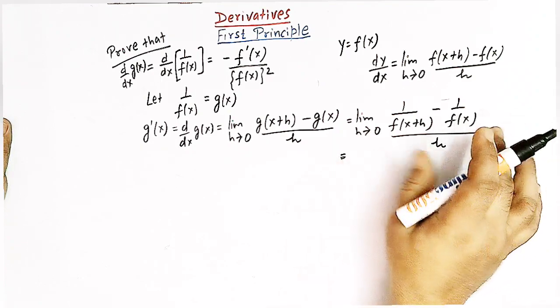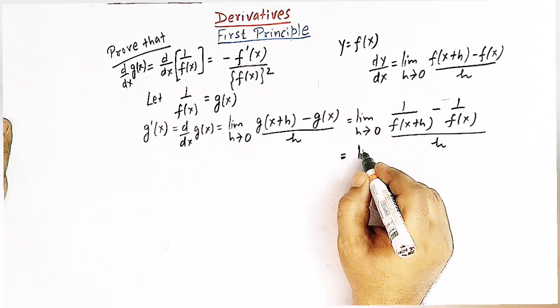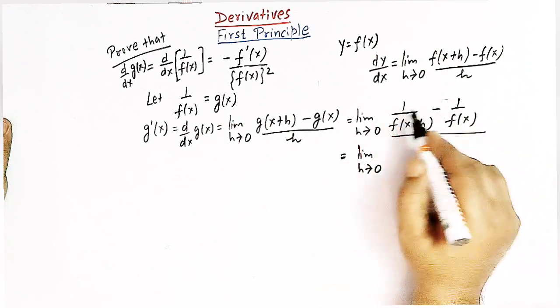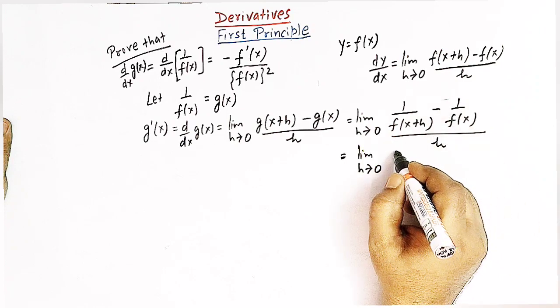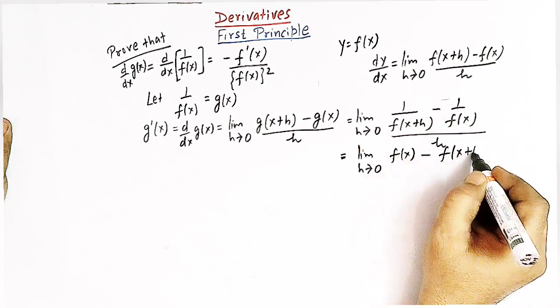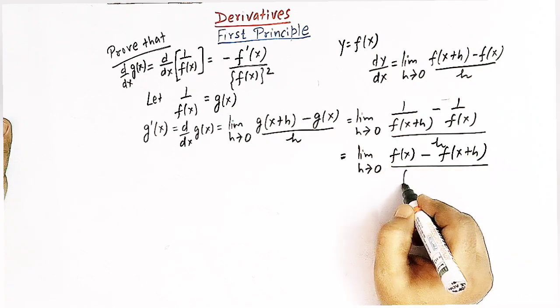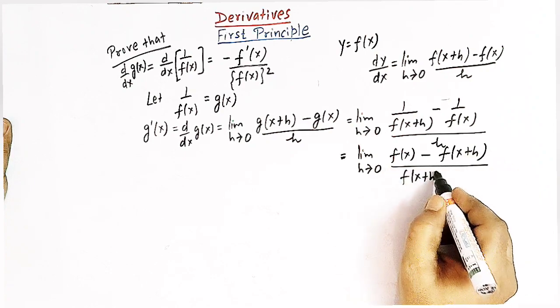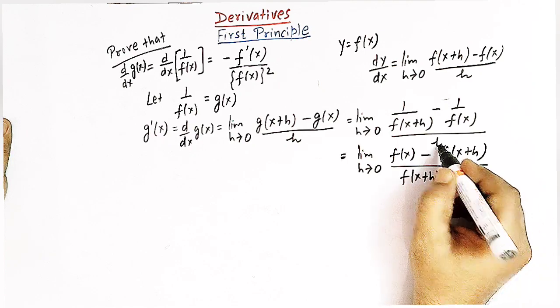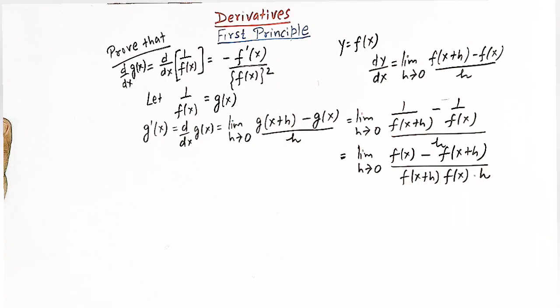Now taking the LCM here, or simplifying this expression, we can take the cross multiplication here. So we have f of x minus f of x plus h divided by f of x plus h, then we have f of x, and then we have this quantity h.